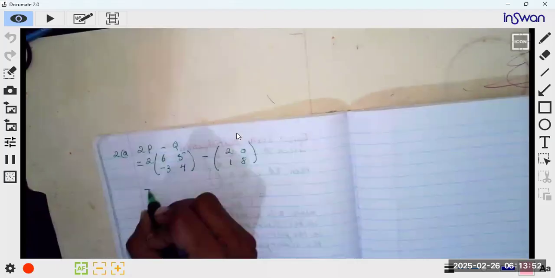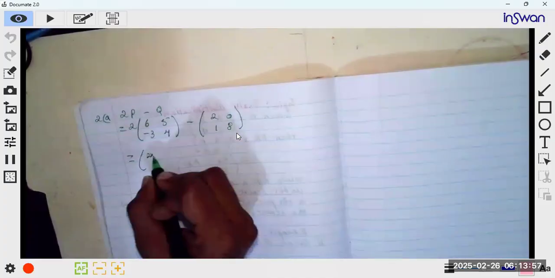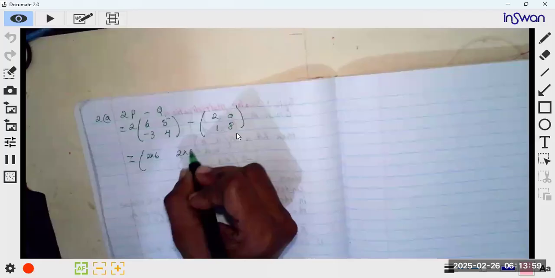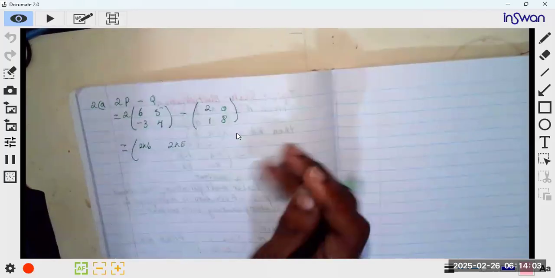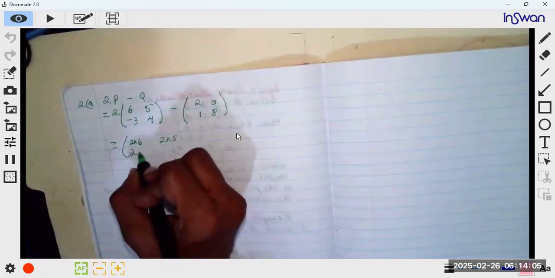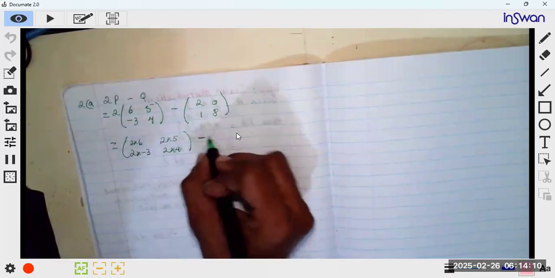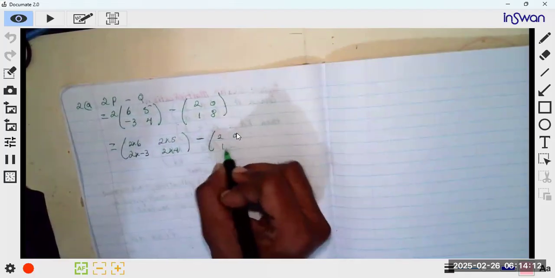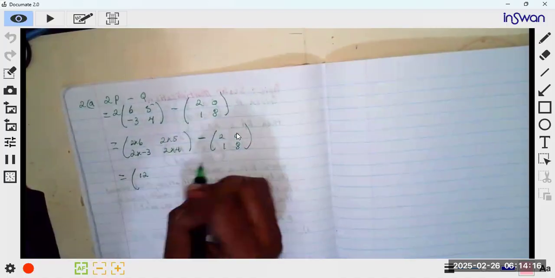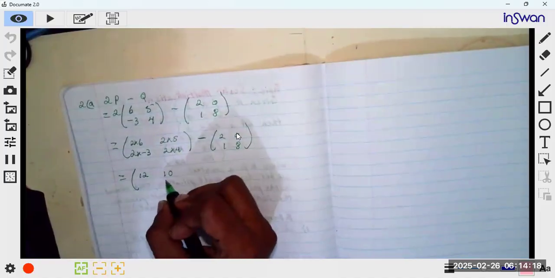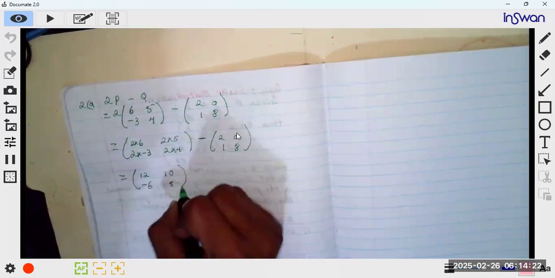This is what you guys will be doing. It will be 2 times 6, 2 times 5. You don't need to do this if you could solve it right away. 2 times -3 and 2 times 4, minus 2, 0, 1, 8. So 2 6s are 12, 2 5s are 10, 2 times -3 is -6, and 2 4s are 8.